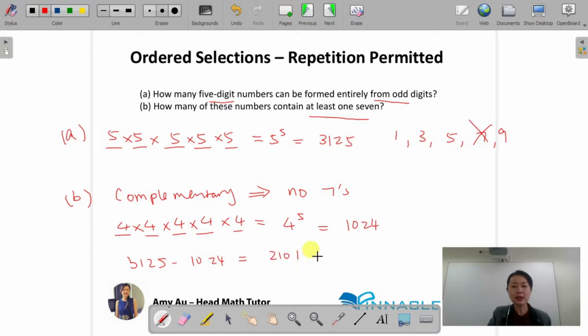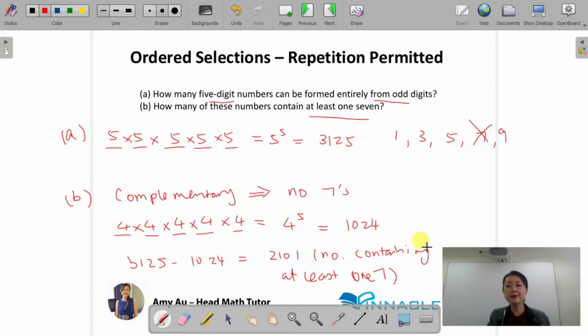So that's how many numbers we are talking about. So numbers containing at least 1 7.